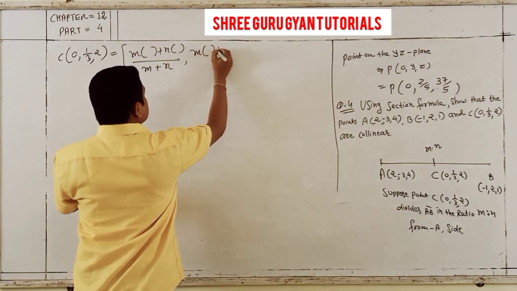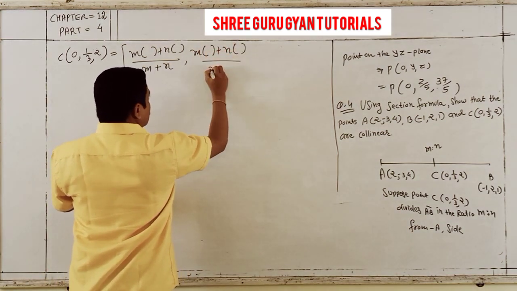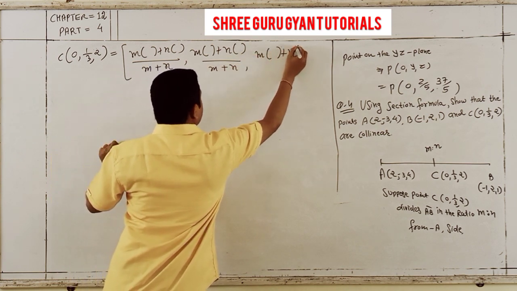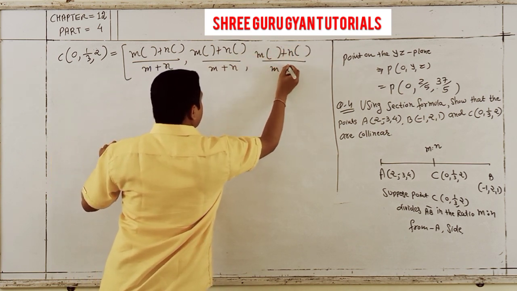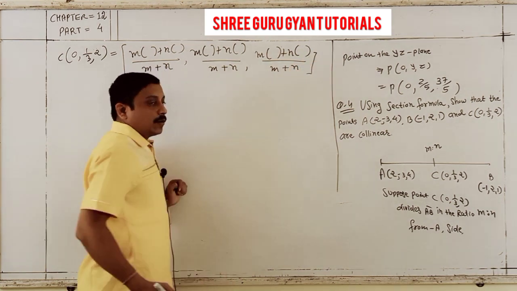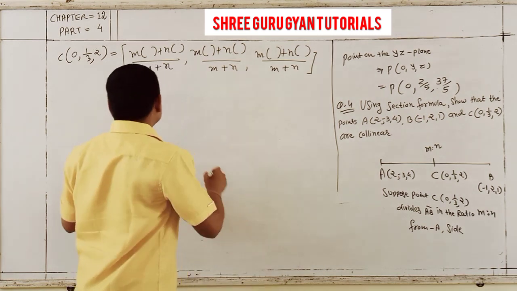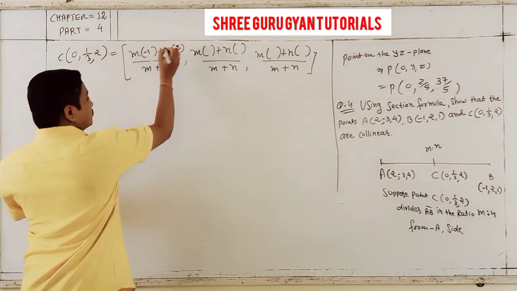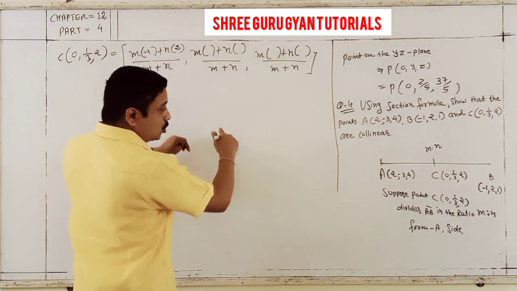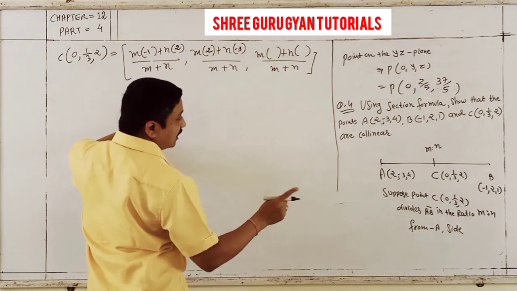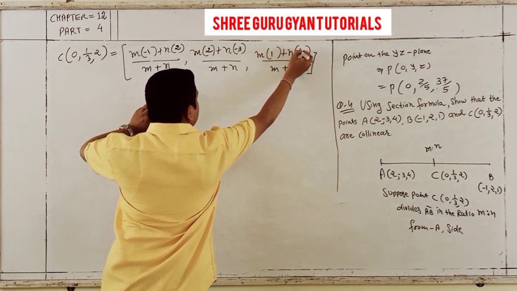Similarly, now put the values at the back sides: minus 1, 2. Here minus 1, that 2. Next 2, minus 3. And last 1, 4.